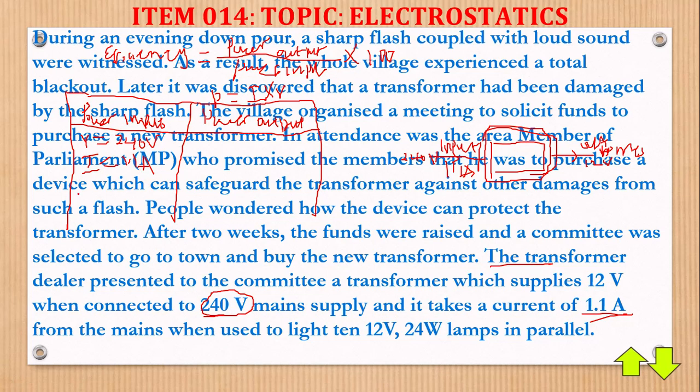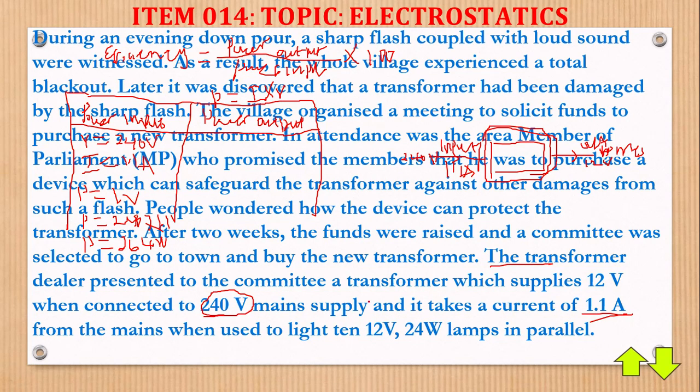Now with this, we can calculate our power. From power is equal to IV, our power will be equal to 240 times 1.1, which is 264 watts. That is the power we have.